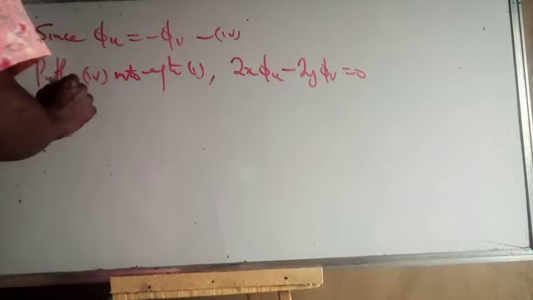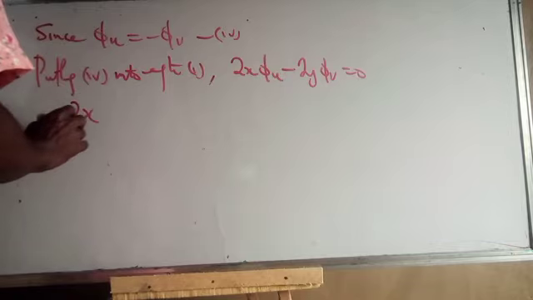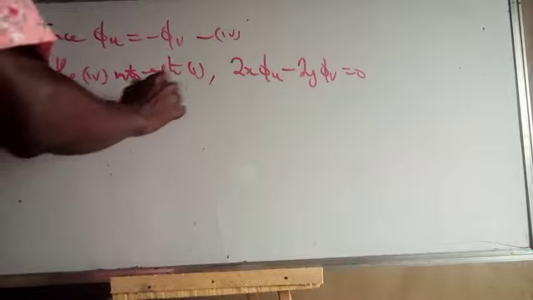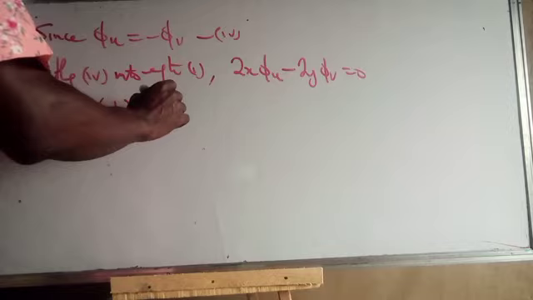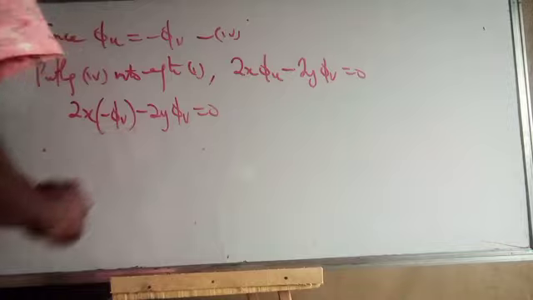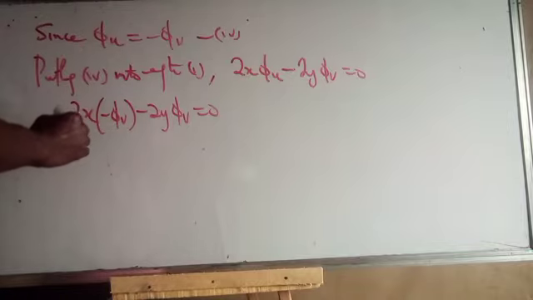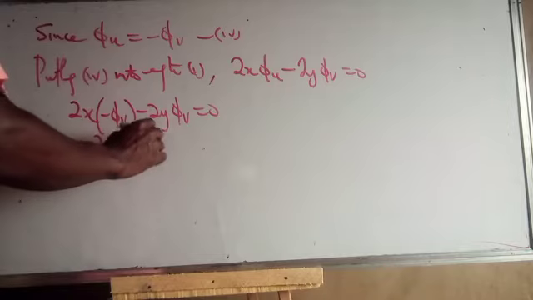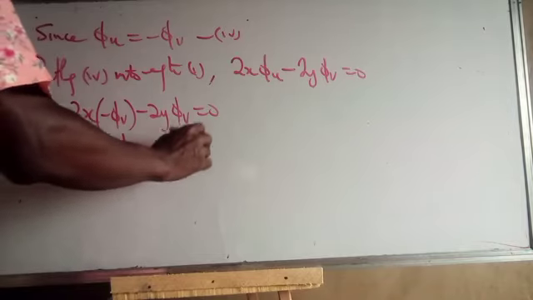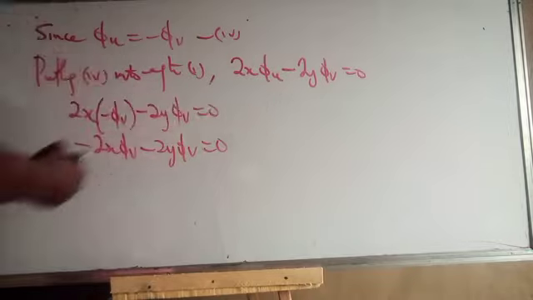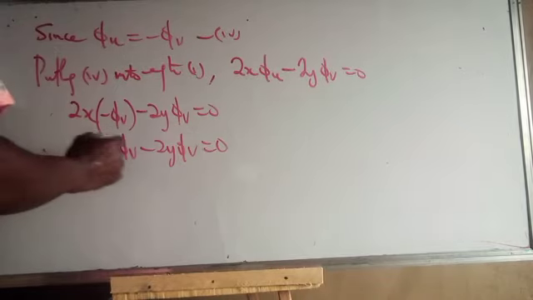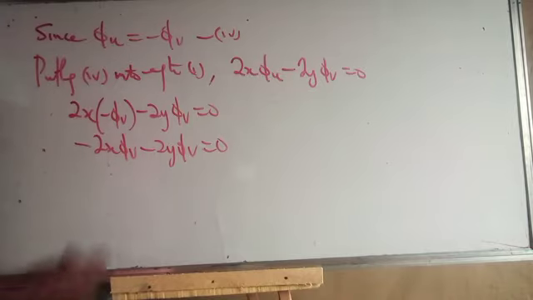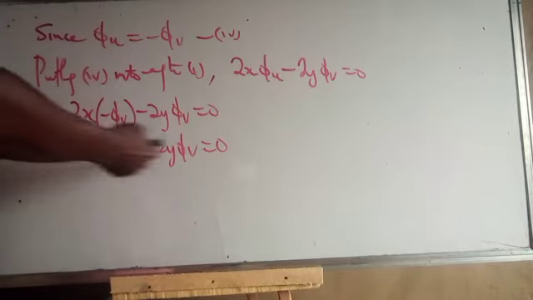So which implies that we have 2x. Our phi u is now what? Minus phi v. Then minus 2y phi v equals 0. Yes. So by the time you expand this, you have minus 2x phi v minus 2y phi v equals 0.